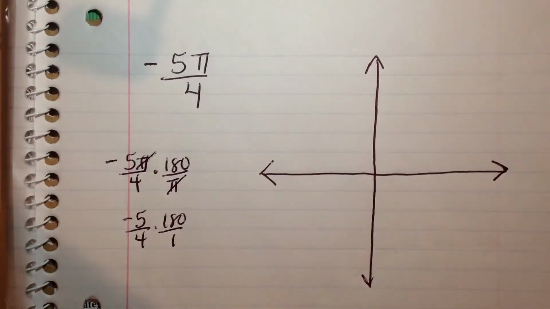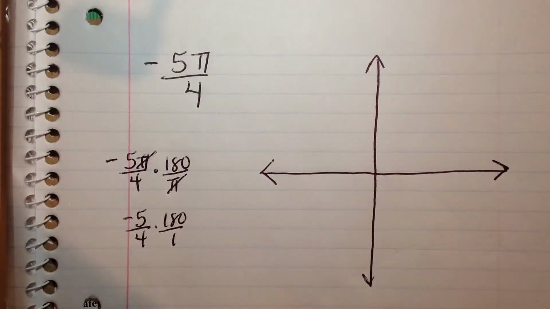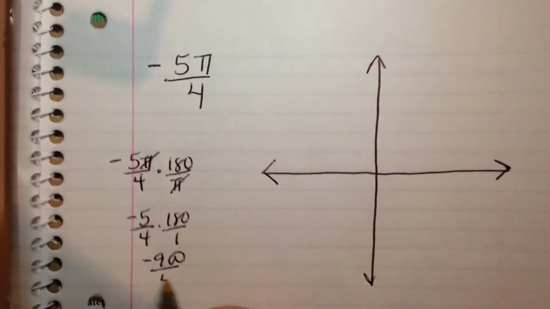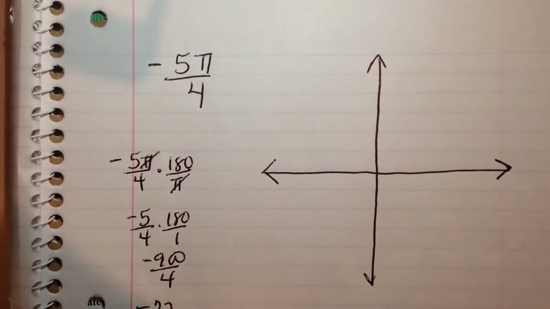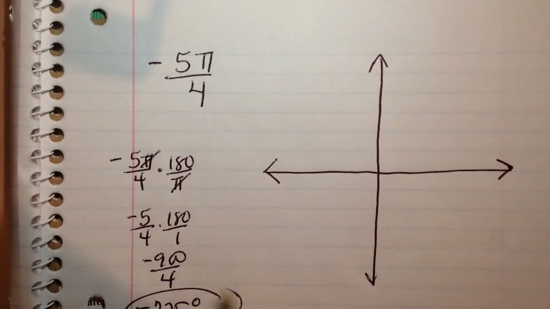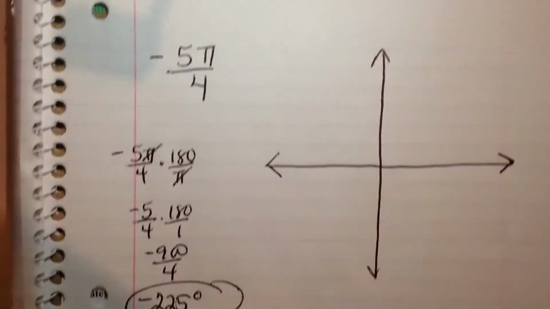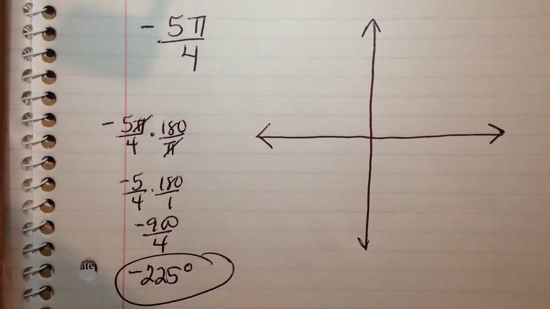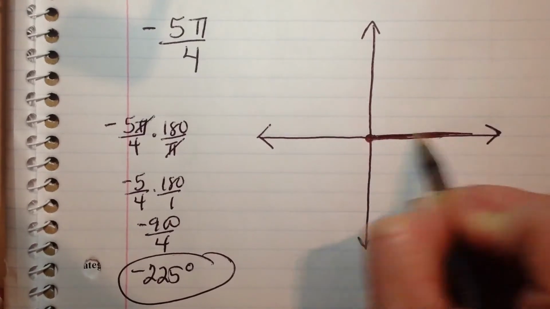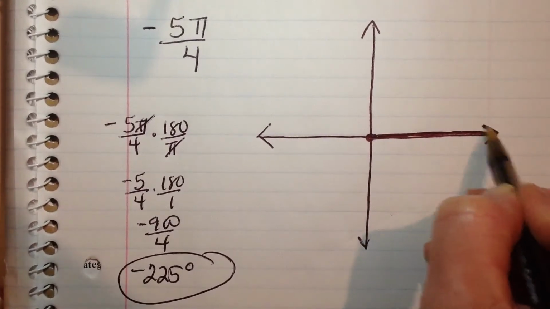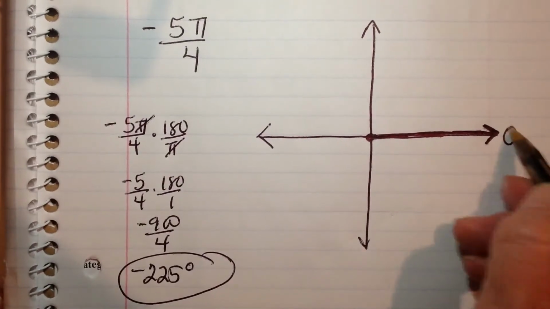So if we multiply that, negative 5 times 180 is negative 900 divided by 4 is negative 225 degrees. So we're looking at negative 225.